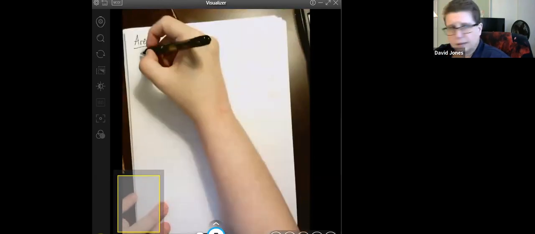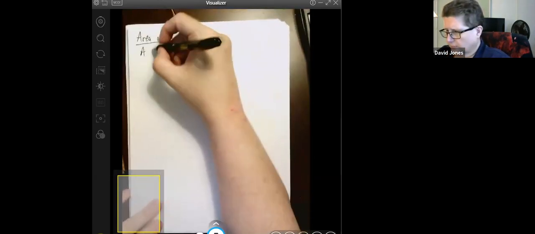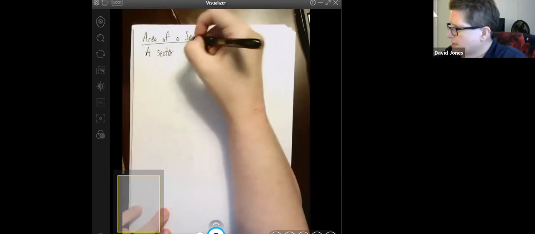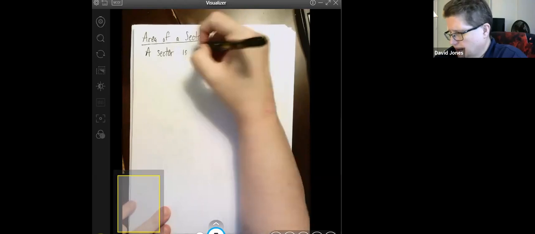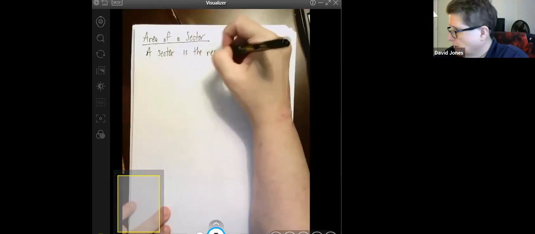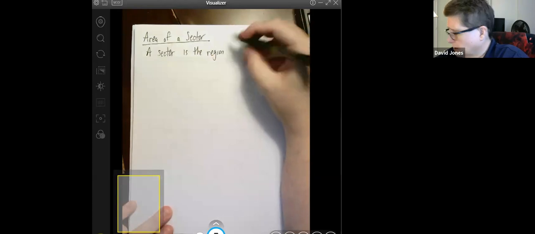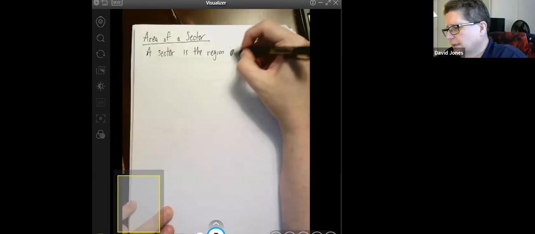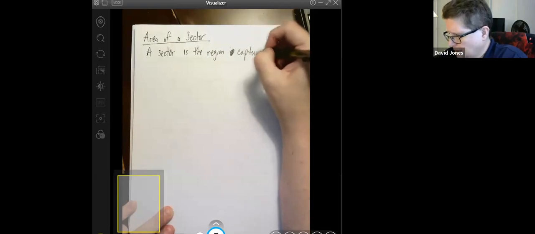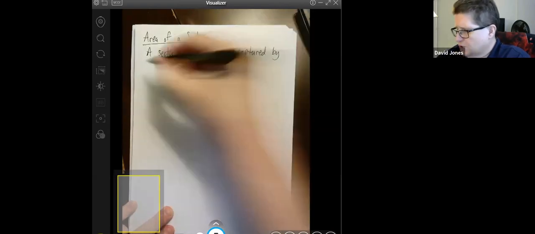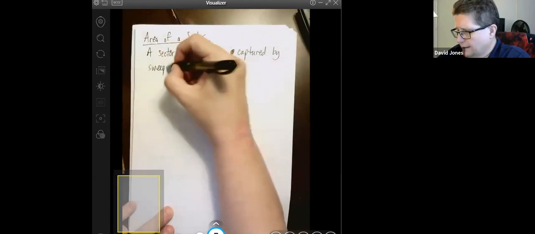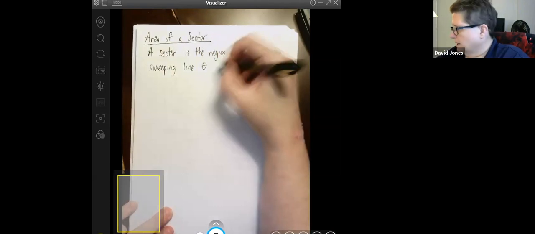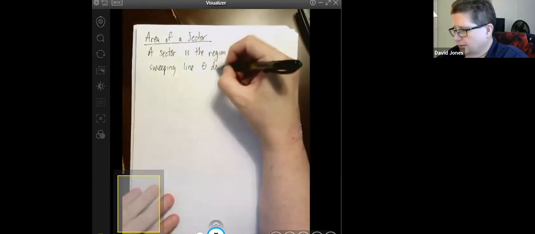So a sector is the region captured by sweeping a line theta degrees, or theta radians.